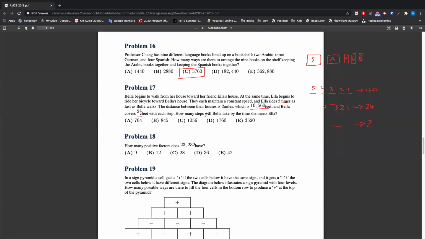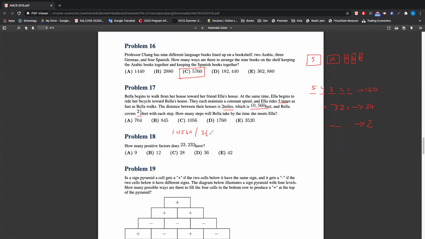So we can just figure out how many steps she takes. We just have to take the total feet and divide by the number of feet that are covered with each step. So with each step, it's 2.5 feet. But we also have to consider that Ella is coming towards Bella 5 times as fast.